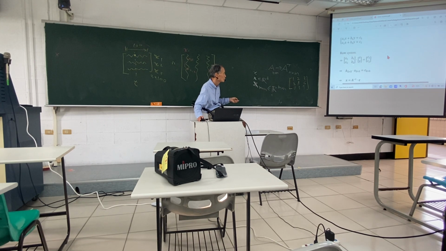Now we can go for the column system. The earlier one is the row system because it is row 1, row 2.